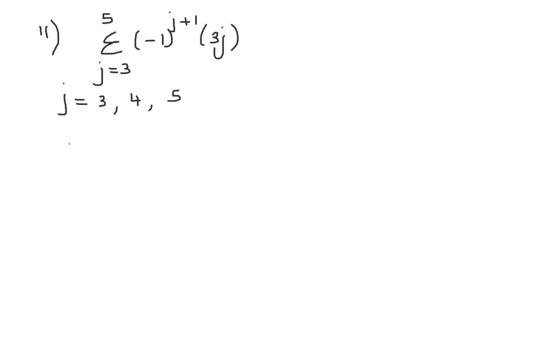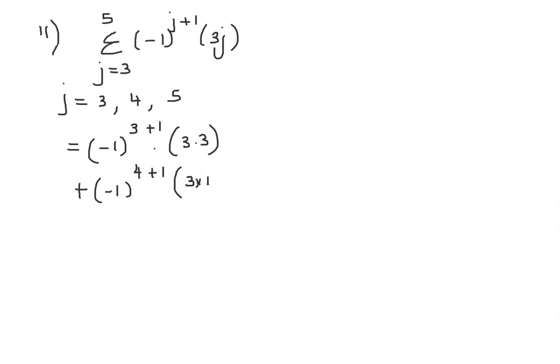That's going to be negative 1 to the power 3 plus 1 times 3 times 3, plus negative 1 to the power 4 plus 1 times 3 times 4, plus negative 1 to the power 5 plus 1 times 3 times 5.